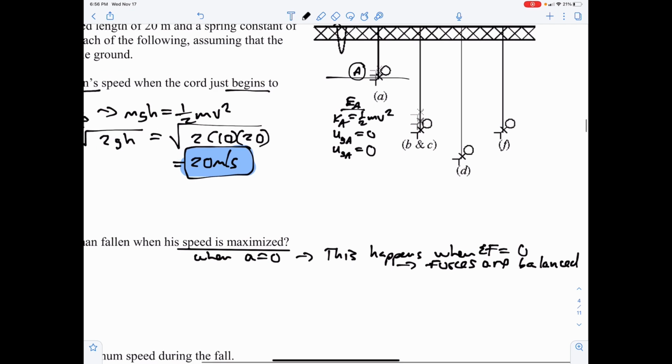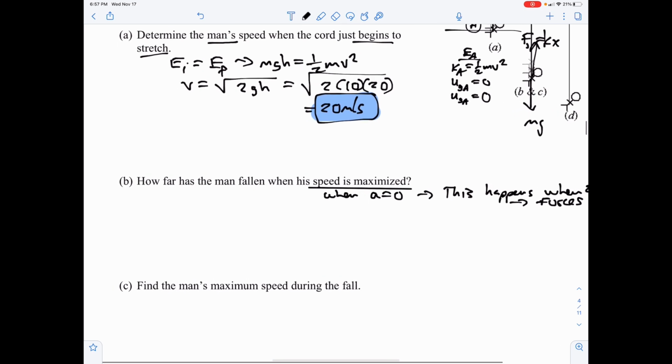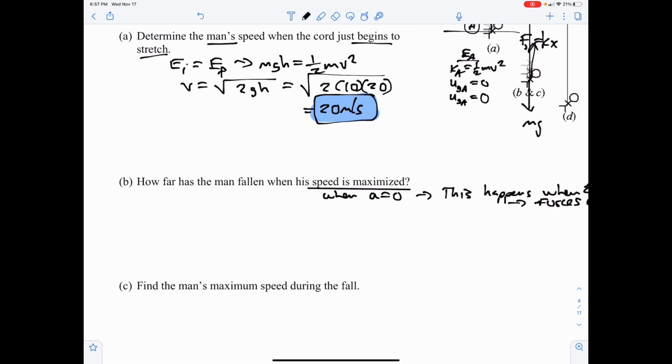So if we look at part B right here, the force, we have the weight going up, and we have kx, the spring force equals kx going up. And so we balance those, and we have forces up equal forces down, which means kx equals mg, where x is the distance you stretch it, right?